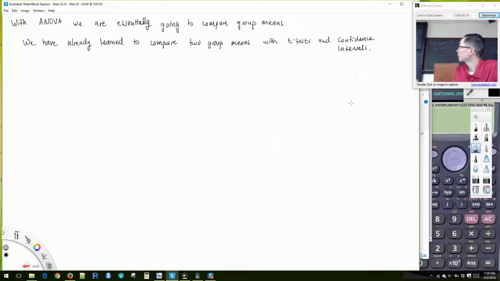A key difference is that ANOVA will allow us to compare more than two group means at once.